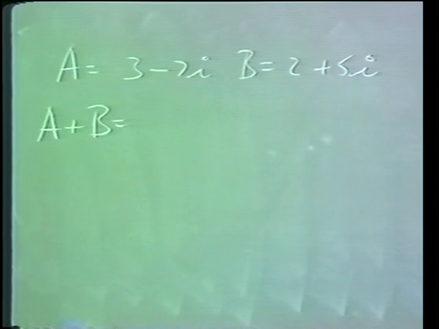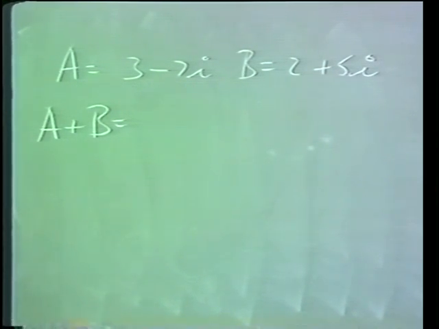A plus B. What would we get for A plus B? Mike, you have something. A plus B. What are you going to get?